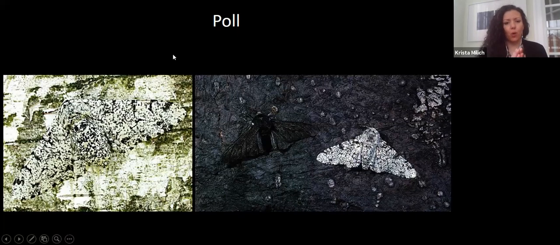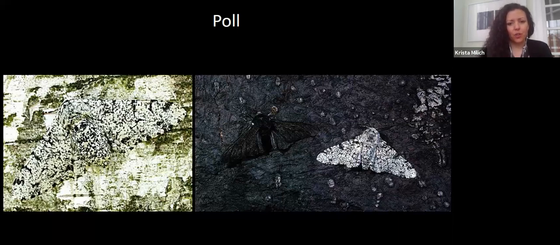So I want to do a poll, which we're going to start in a minute, where you select what you think these two pictures that are on the screen are representing, what this scientific idea is related to. Jen, could you share the poll now?